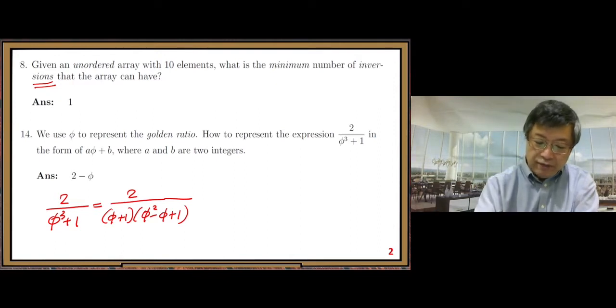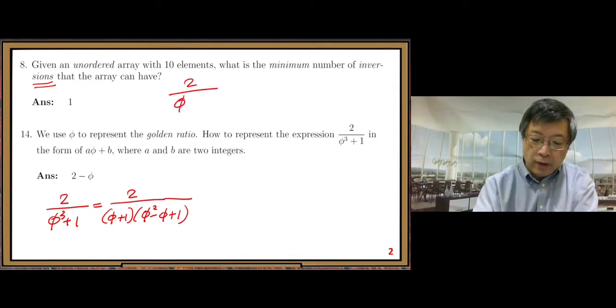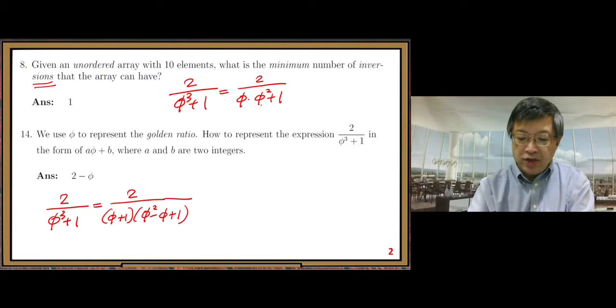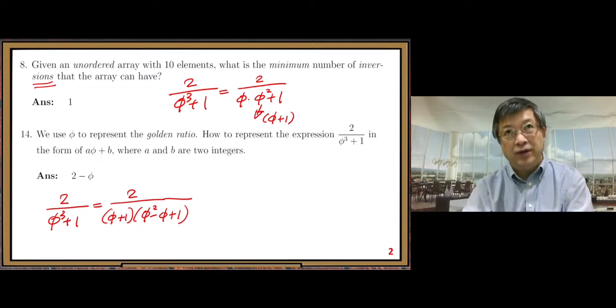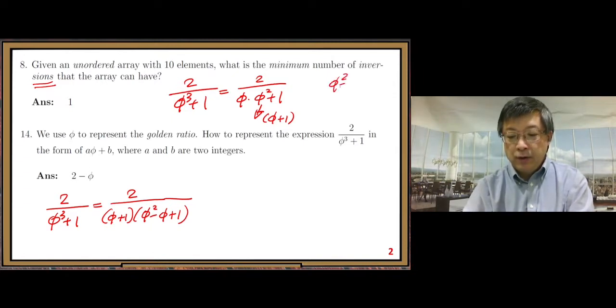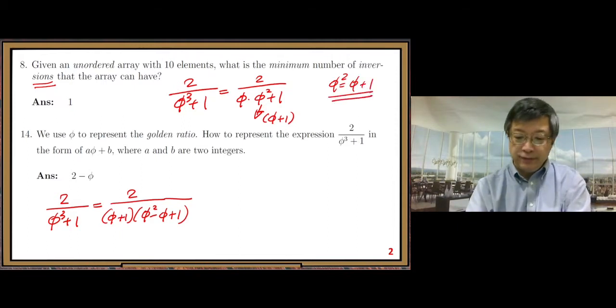If you do not know this formula, you can do it in this way: phi times phi square. But for Fibonacci number, you can replace phi square by phi plus 1. So remember, we have that formula: phi square equals phi plus 1.